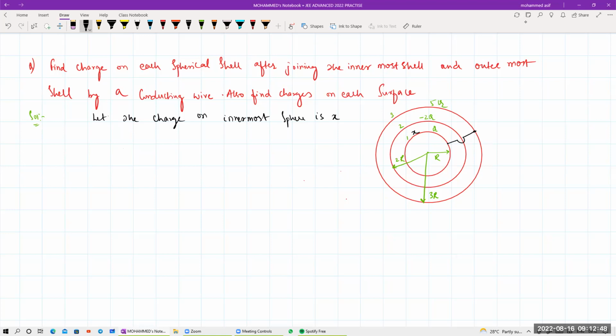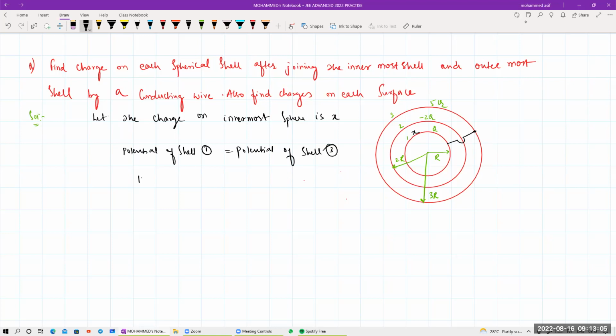So the potential of shell 1 must be equal to the potential of shell 3.